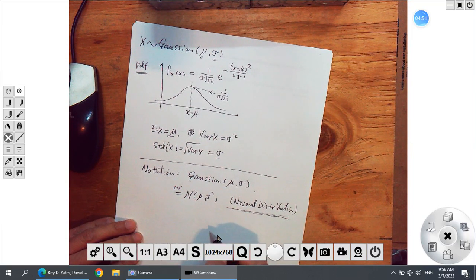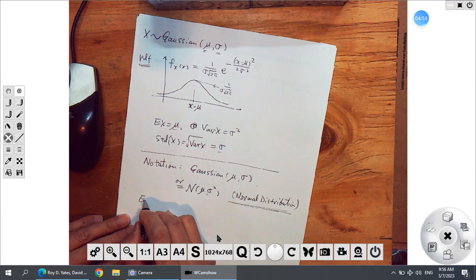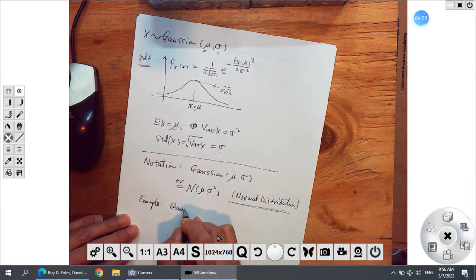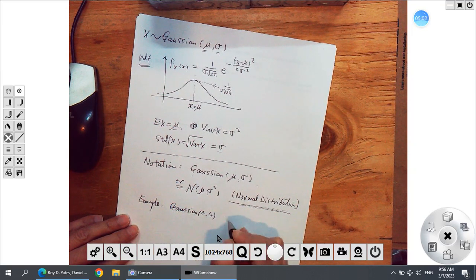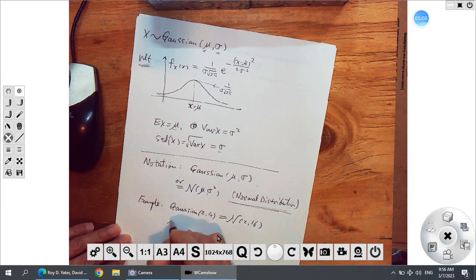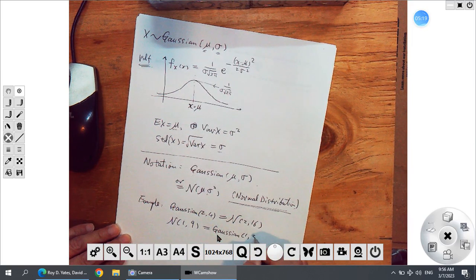So things like we say, the Gaussian 2 and 4. That is normal 2 and 16, and normal 1, 9. This is a Gaussian 1 and 3.